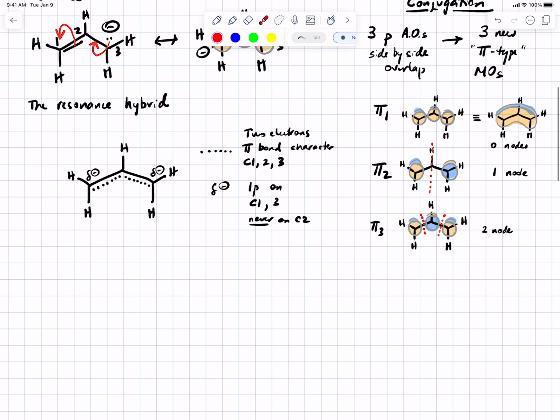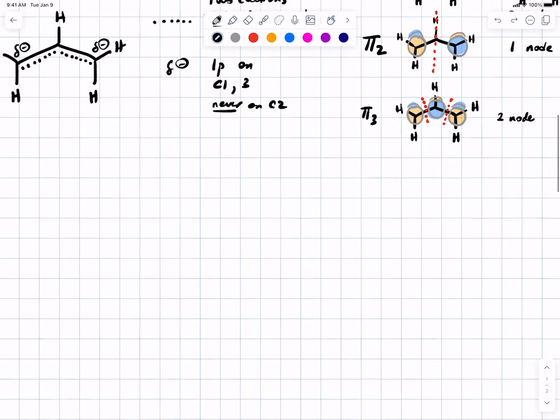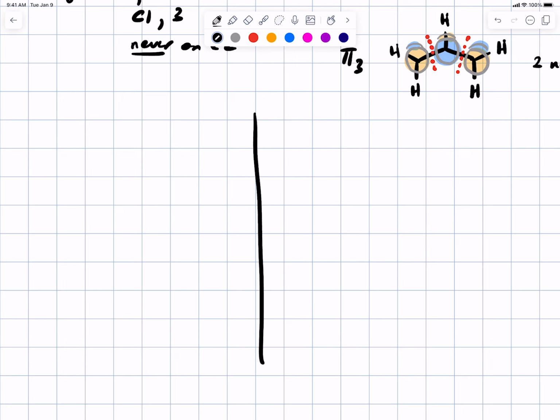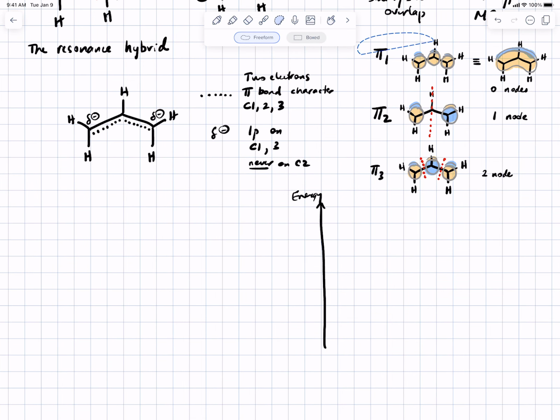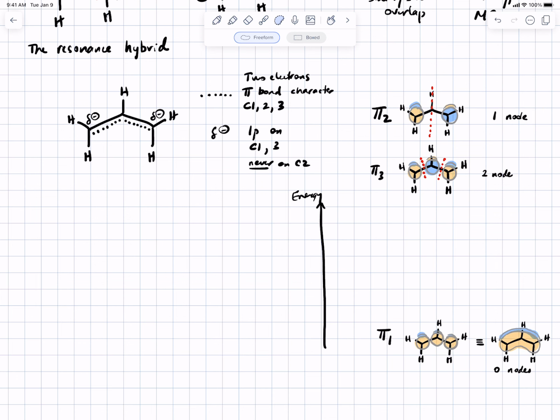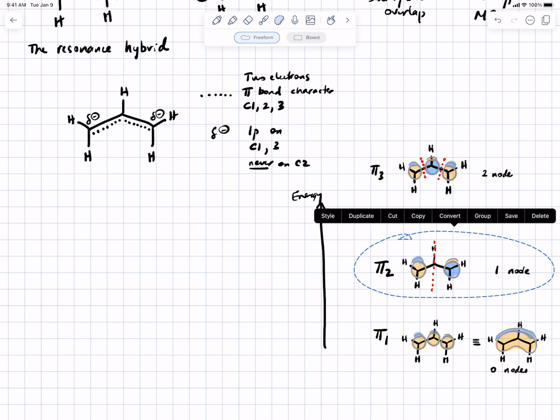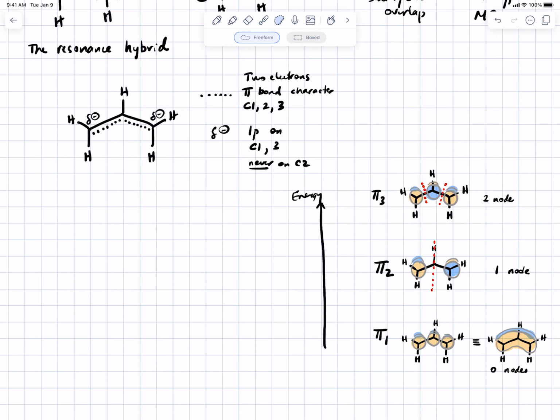So we can rearrange our drawing now in order of energy. If the vertical axis is energy, then based on what you learned at the beginning of this class, kinetic energy-wise, pi 1 is lowest in energy, then pi 2, then pi 3.